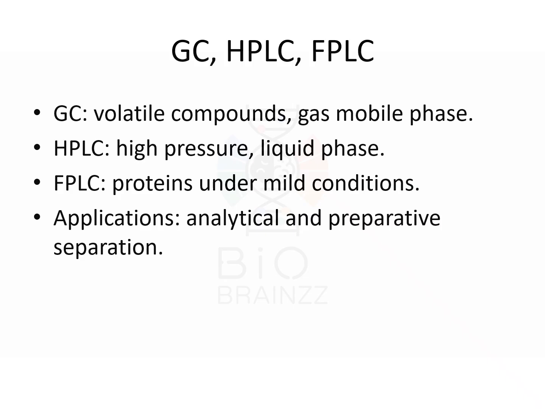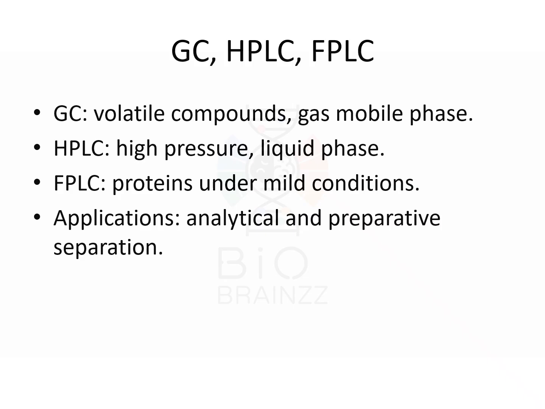used for different purposes. Gas chromatography (GC) is used for separating volatile compounds, where the mobile phase is gas. It is mainly used in chemical analysis where compounds can easily vaporize. HPLC stands for High Performance Liquid Chromatography, where liquid is used under high pressure for separation.